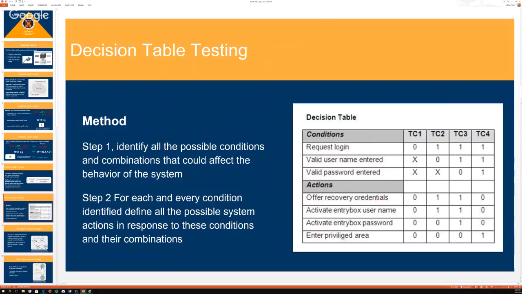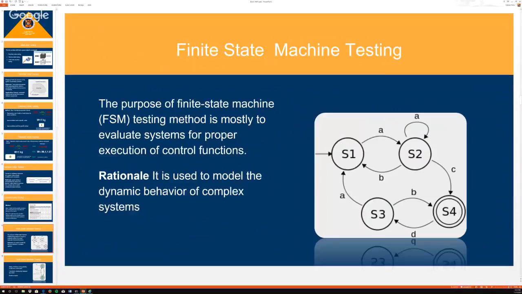Okay, the next method is the finite state machine testing, and this is to evaluate the execution of control functions, and it is used to model the dynamic behavior of complex systems.